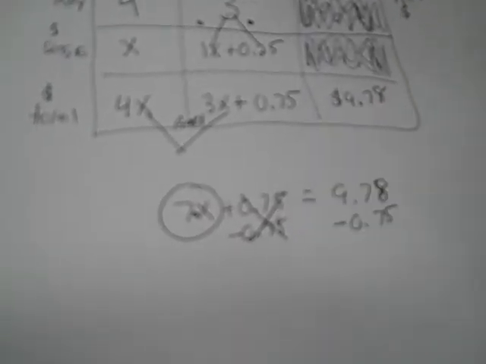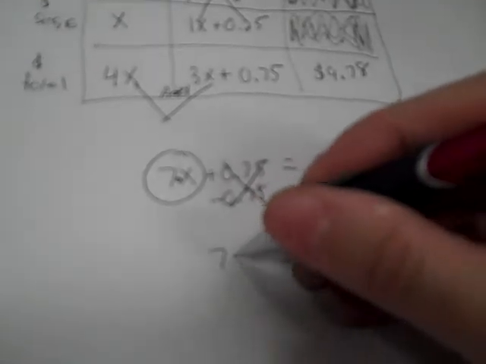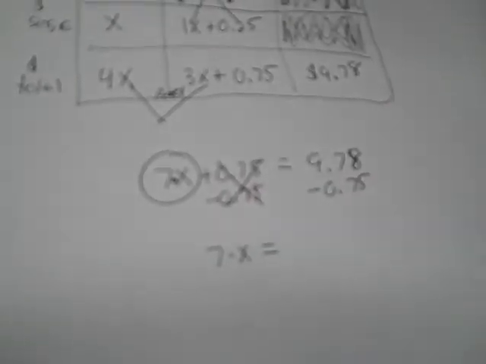Okay, then I'm going to dot and circle minus 0.75 minus 0.75. Okay, so 7 dot x. I take 9.78 minus 0.75, and that's 9.03.